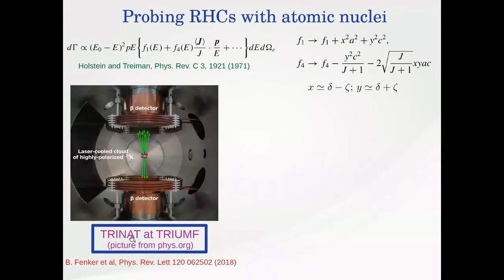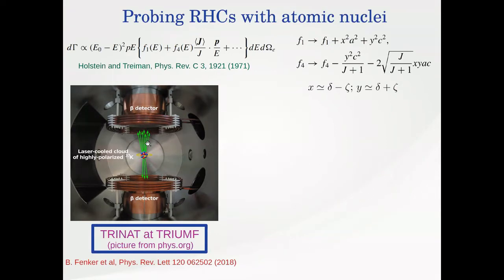This is an example from a recent experiment at TRIUMF using the TRINAT laser atom trap, recently published in Physical Review Letters, in which instead of neon-19, they took a radioactive ion beam of potassium-37, trapped it using a laser trap, and polarized it using laser, so that all of the potassium-37 atoms were spin polarized along one direction.